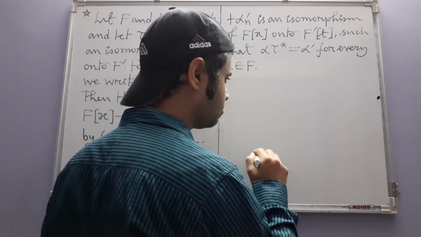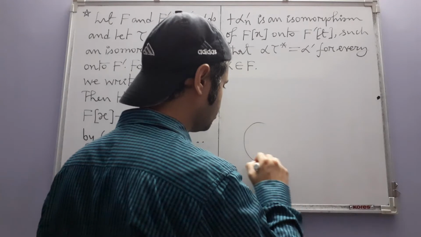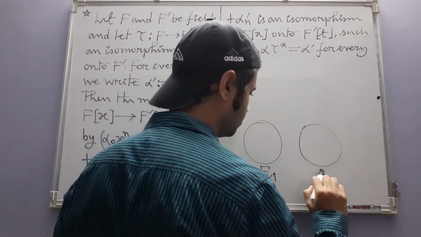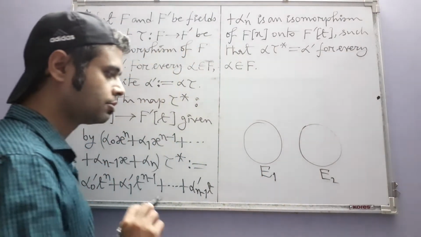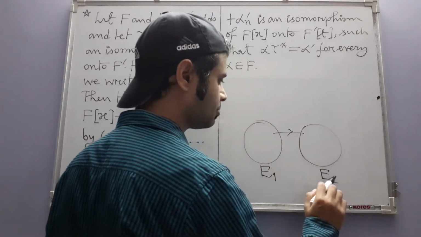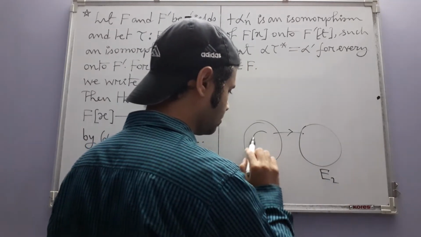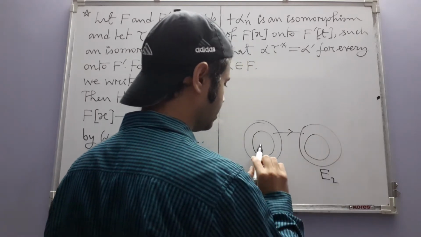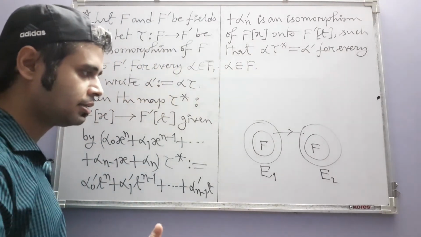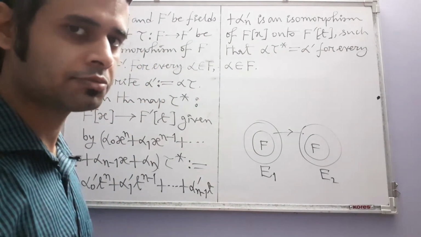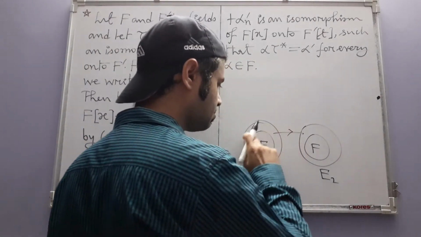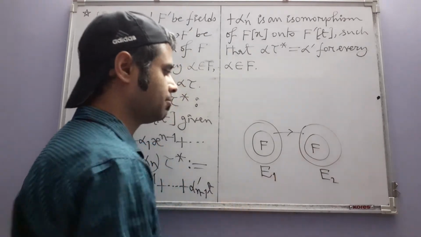Say you have a polynomial f(x) for which you have found two splitting fields, say E1 and E2. Our ultimate goal is to prove that there exists a field isomorphism from E1 to E2 such that if you restrict that isomorphism to F, because E1 and E2 are both extensions of F, so they both contain F inside of them, then you get the identity map on F.